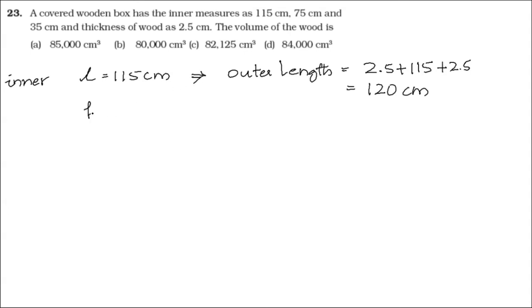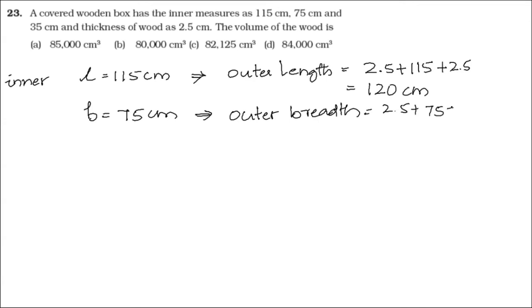Same way, if the breadth is given as 75 centimeter, we can find the outer breadth. The outer breadth will be 2.5 added to 75 added to 2.5. When we do that, it becomes 80 centimeter.